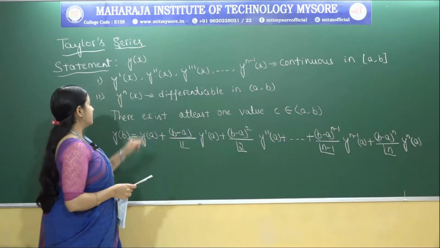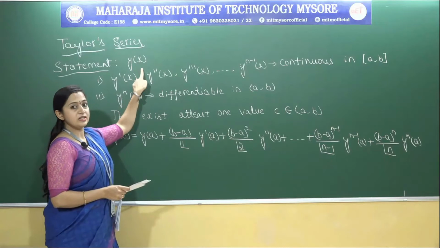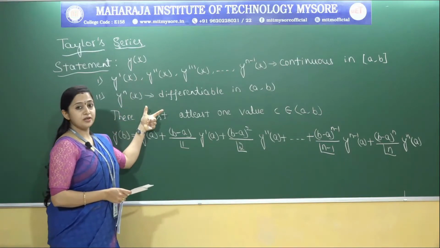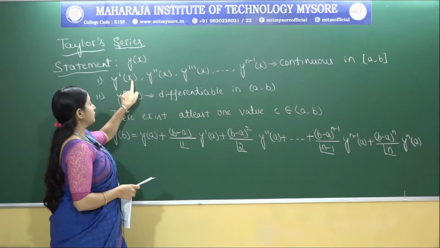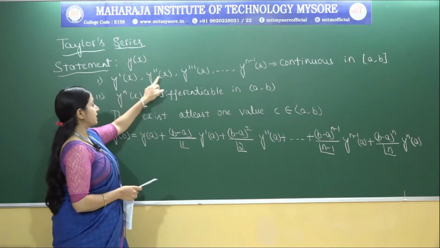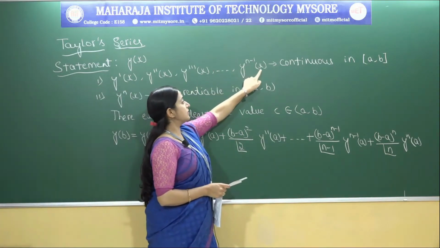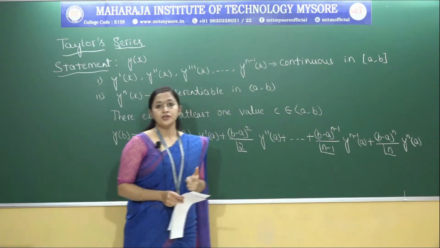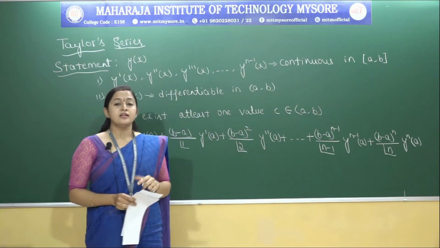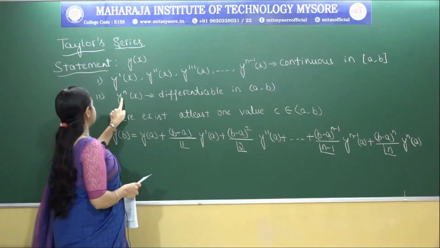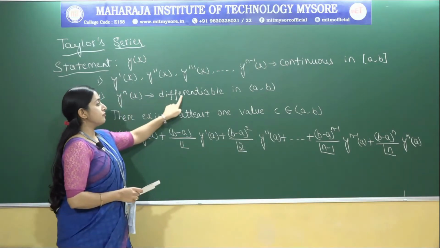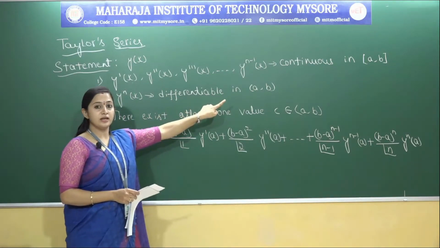So the Taylor series, consider the function f of x, then it should satisfy these two conditions. The first one, the first differentiation, second differentiation, third differentiation, till the n minus 1th derivative of x is continuous in the closed interval ab. The second condition, the nth derivative of x is differentiable in open interval ab.